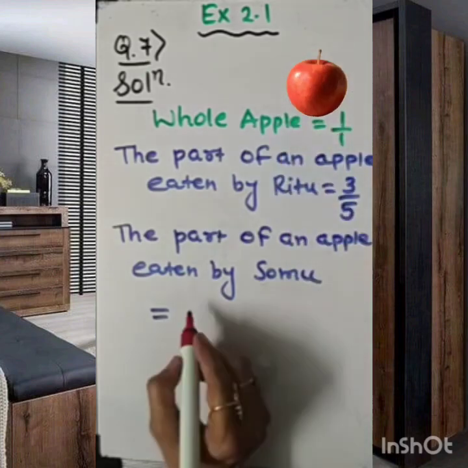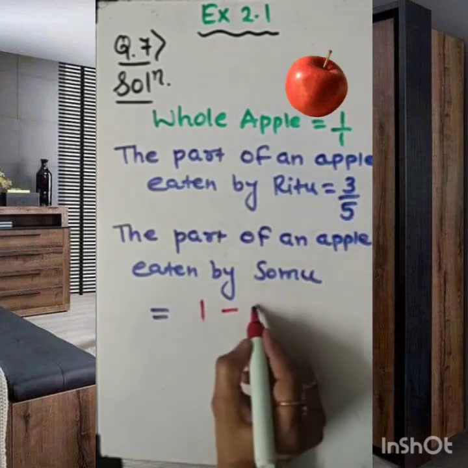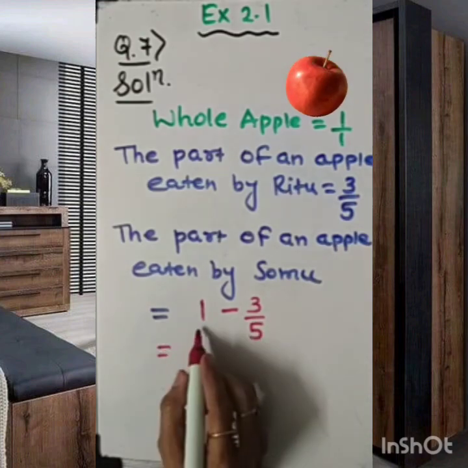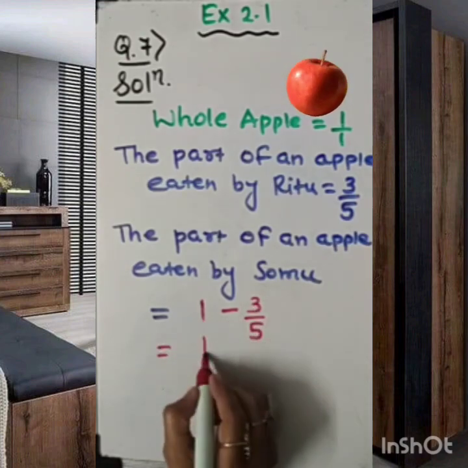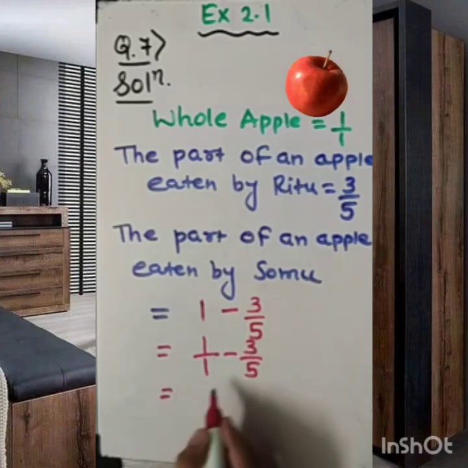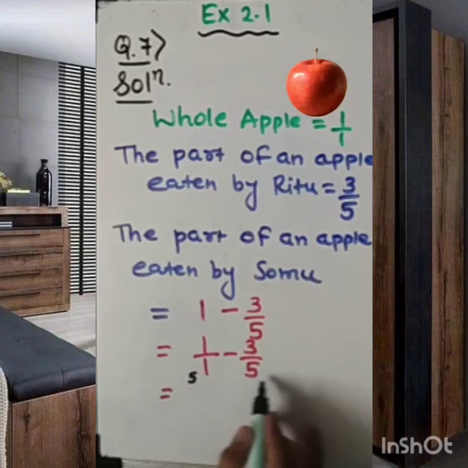So it is one full part, and the part which has been eaten by Ritu we are subtracting from it. So it is 1 minus 3 by 5. Can I write 1 by 1 minus 3 by 5? The LCM of 1 and 5 will be 5. So I multiply the first number with 5 and the second with 1.